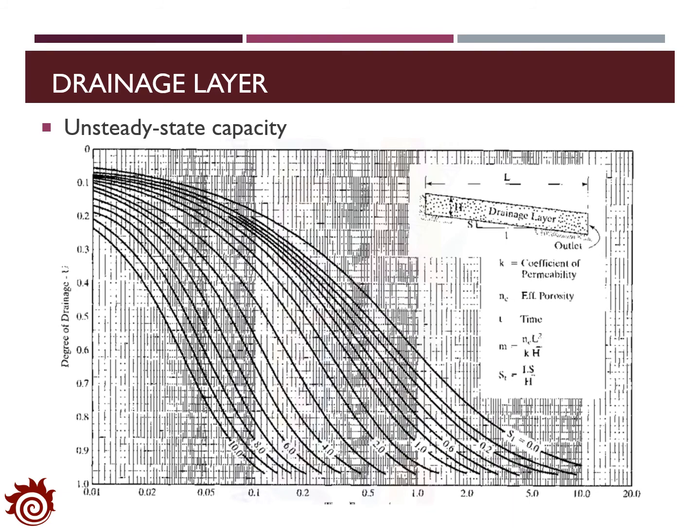Here shows the degree of the drainage, which is the y-axis, with respect to the time factor, that is the horizontal axis, and the slope factor. Each line represents one value of the slope factor. Basically, with a larger time factor, the degree of drainage will be smaller. In addition, by increasing the slope factor, the degree of drainage will also be smaller.